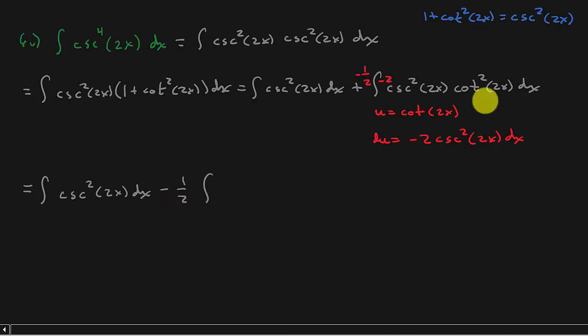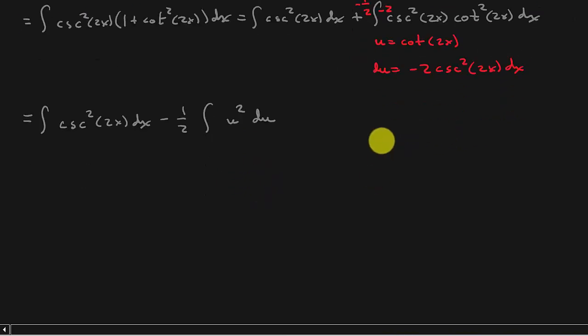Now let's make our substitution. In the place of cotangent 2x, I'm going to put u, so that's u squared. And in the place of negative 2 cosecant squared dx, I'm going to put du. And so this is going to be, well, what's the antiderivative of cosecant squared?